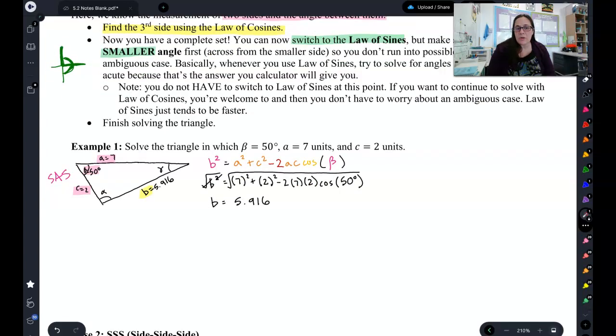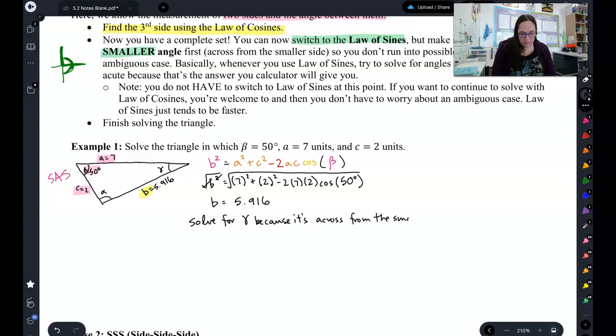So how do I know which angle is smaller? It'll be across from the smaller side. So C is the smaller side, so I'm going to solve for gamma, because it's across from the smaller side.